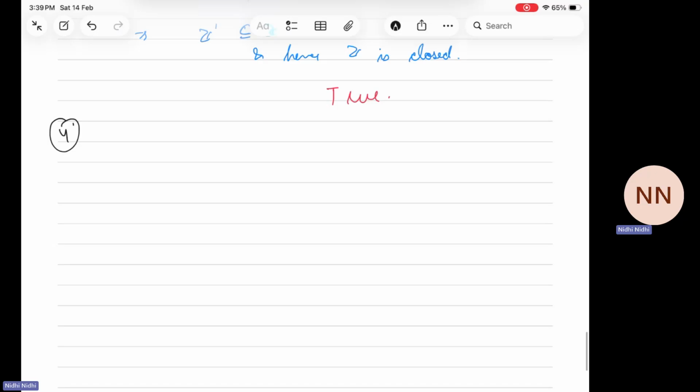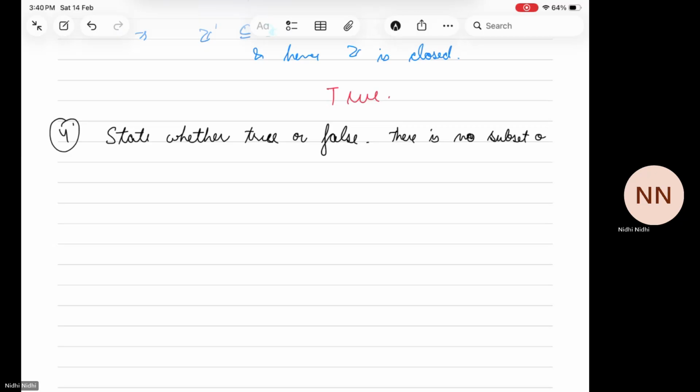Question number 4. State whether true or false: there is no subset of R which is neither bounded below nor bounded above.